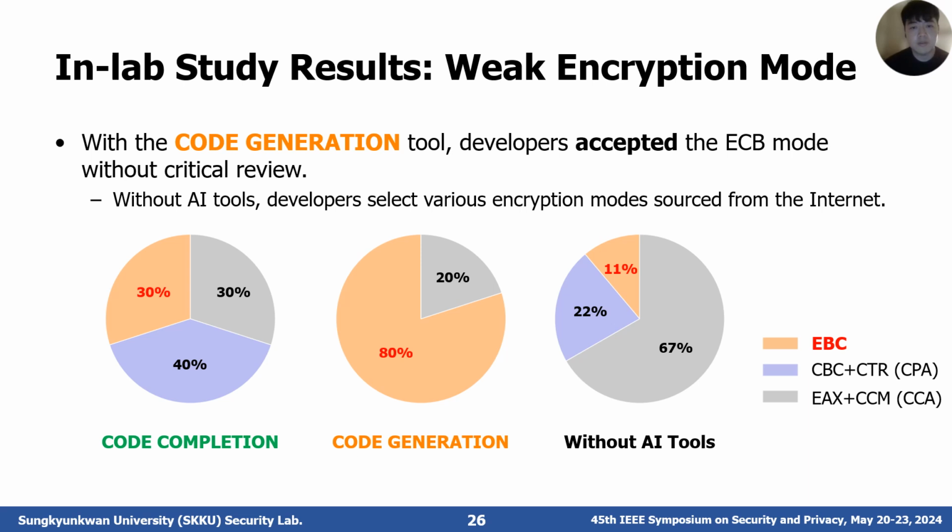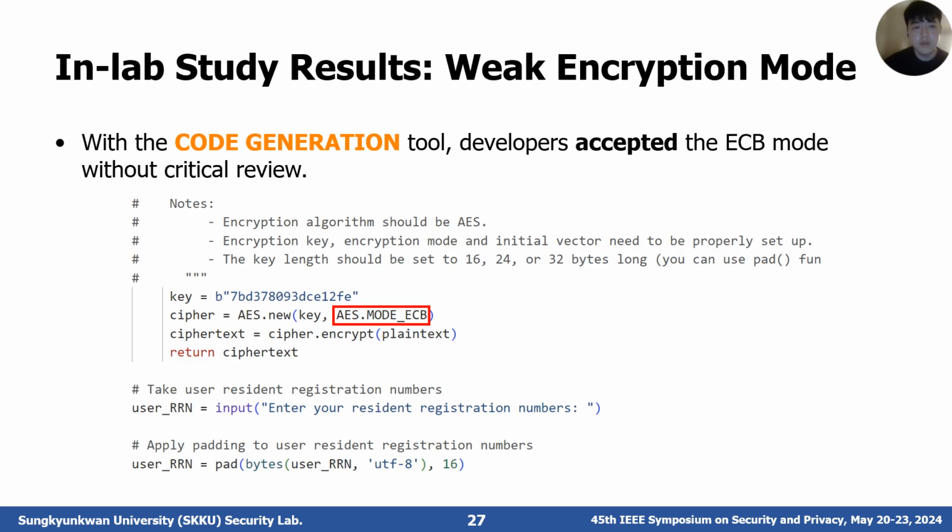While developers without the AI tool used various encryption modes sourced from the internet or other sources, developers using the code generation tool just copied and pasted the suggested code without critical review. As a result, the code with the weak encryption mode is included in the developer's code as shown in this figure.